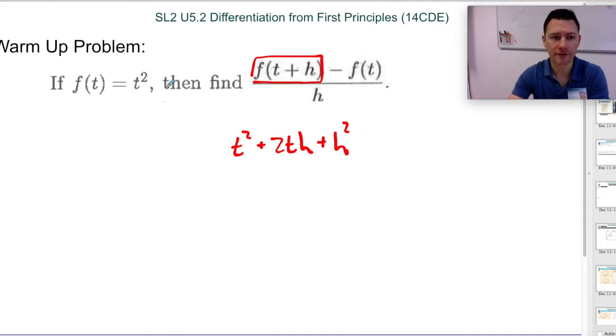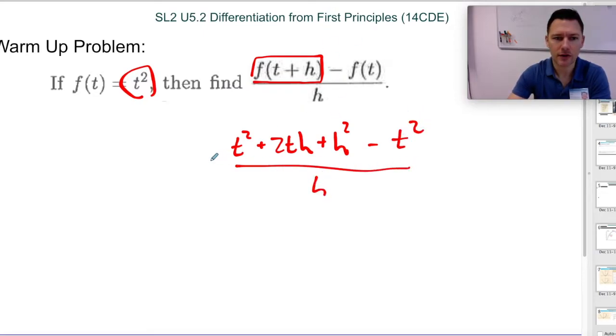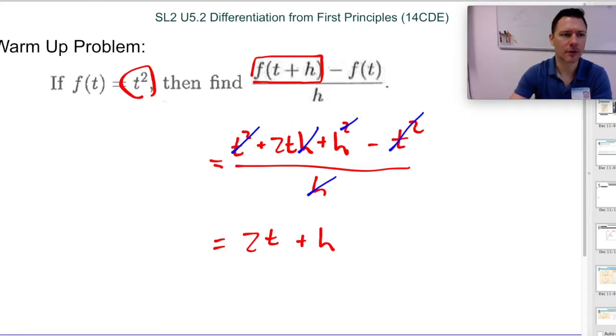Cool. And f of t is just t squared, minus t squared, and then it's all over h. So if we clean that up, the t squareds cancel out. There's an h in each of these, so we could factor out an h, or we could just cancel it. And this turns into 2t plus h. Cool. All right, so let's take that and run with it.